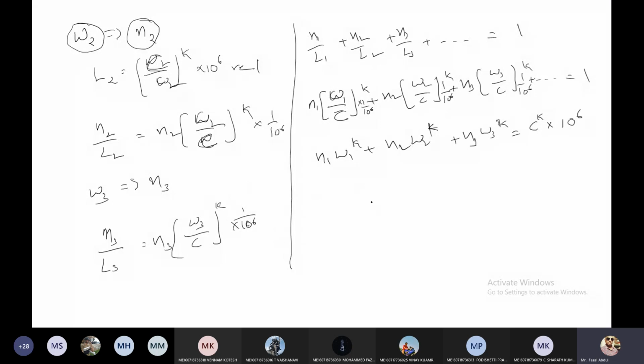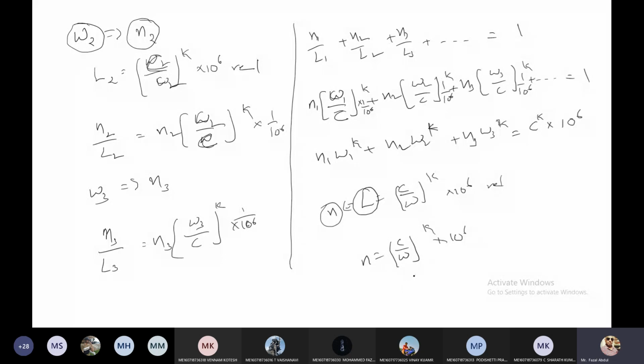So the actual definition for the life of the bearing is (C by W) power K into 10 to the power of 6. This L may be written as N, because L is expressed in this equation in terms of number of revolutions. So in place of L, I am writing N directly as the number of revolutions: N equals (C by W) power K into 10 to the power of 6.